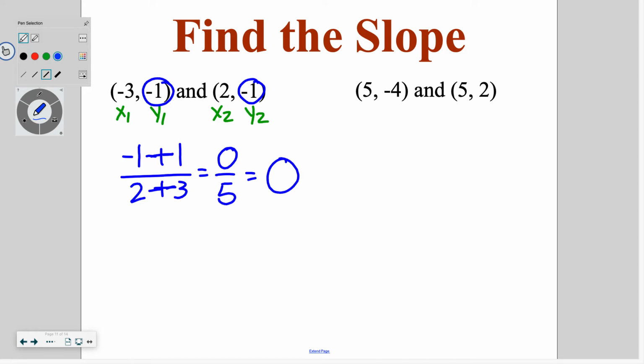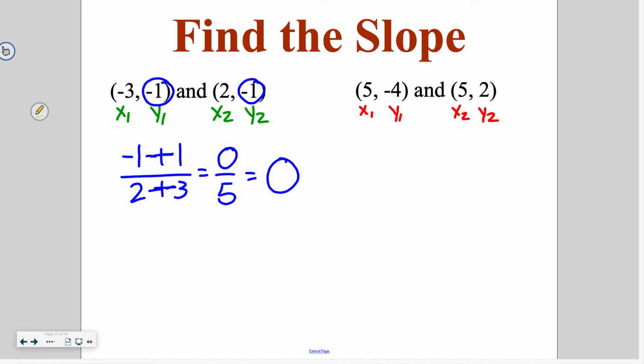If we switch over to the second one and label them x1, y1, x2, y2, and set those up in our problem, where we go y2 minus y1 over x2 minus x1, double negatives make a positive, we end up with 6 over 0. As we've learned in previous classes, we cannot divide by 0, so this is what we call an undefined slope.